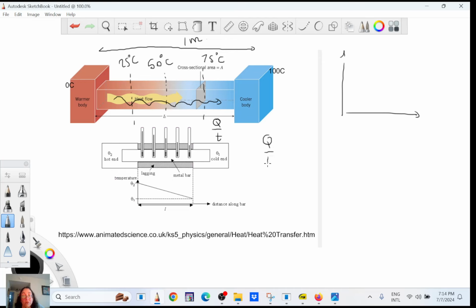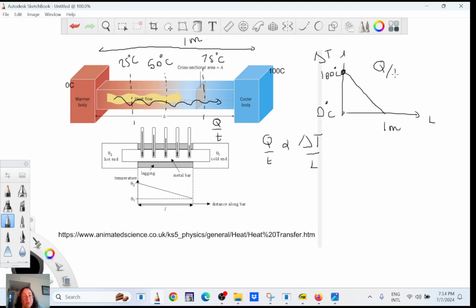And Q over T is proportional to the change in temperature over L. So if you put L here and you have delta T, you go from 100 Celsius here, this is 1 meter, and this is 0 degrees Celsius. You see, it's a linear relationship.